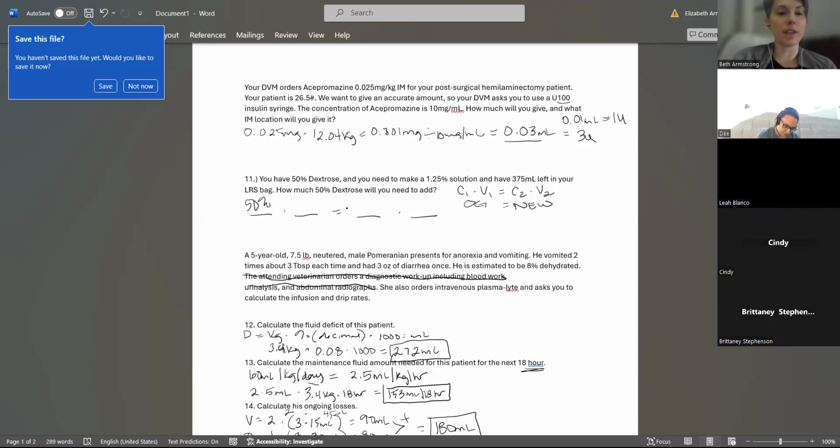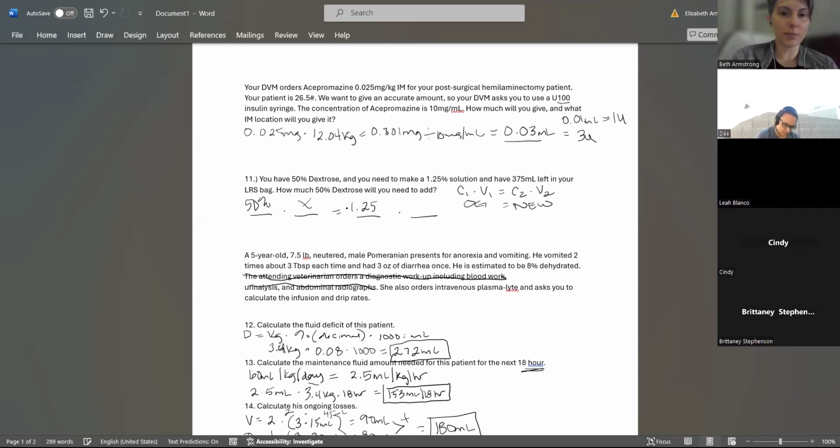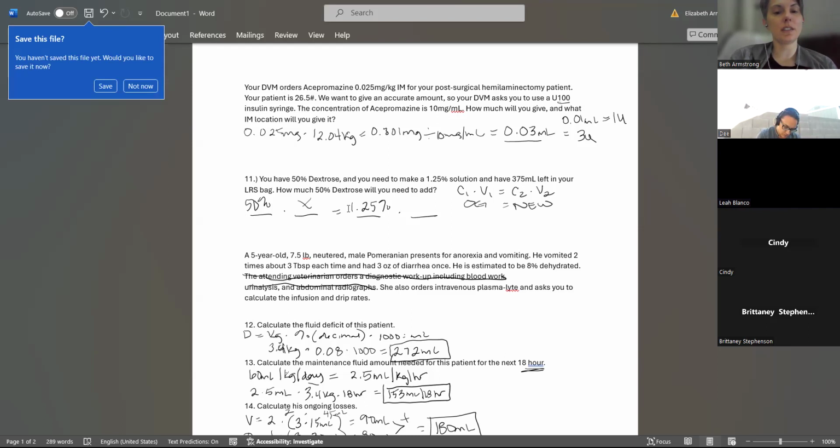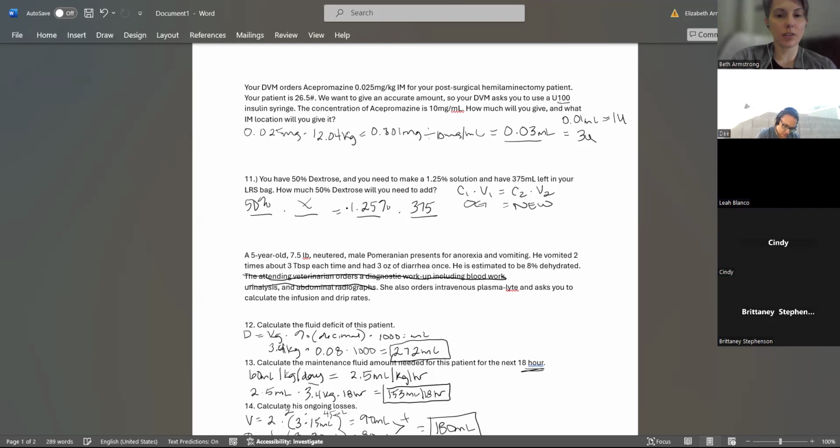That's what we're trying to find out. So we put an X there. And then our new concentration is 1.25%. And do we know how many mLs is going to be in that? 375 left in the bag, so it'll go in that. Very good. So we have it all filled out.